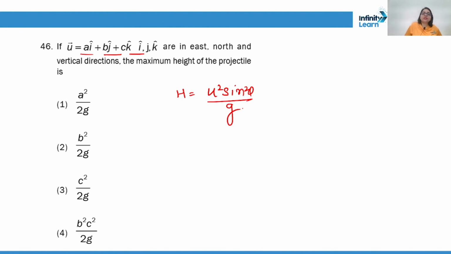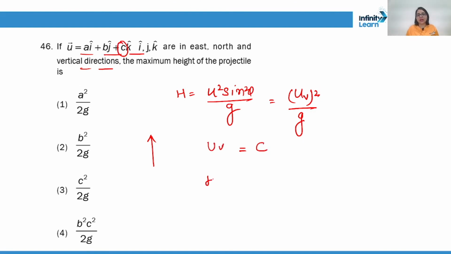So using this formula I'll have to do some manipulation. U sine theta is the velocity of the particle in the vertical direction. So this is basically u vertical square divided by 2g. Now the vertical direction velocity component is c. So u vertical will be c. So the height will be c square upon 2g, sorry, c square upon 2g, right? So the vertical height will be c square upon 2g, which is option 3.